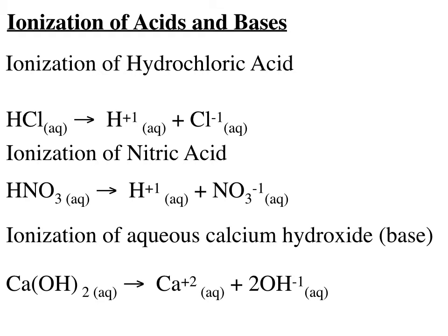So you should be able to write a balanced equation for the dissociation of hydrochloric acid, as I showed first, then nitric acid, or a base, which is a material which contains a hydroxide anion. Notice the calcium hydroxide dissociating at the bottom makes calcium +2 and 2 hydroxide anions as a result of that dissociation.